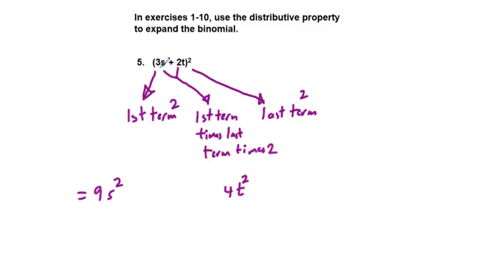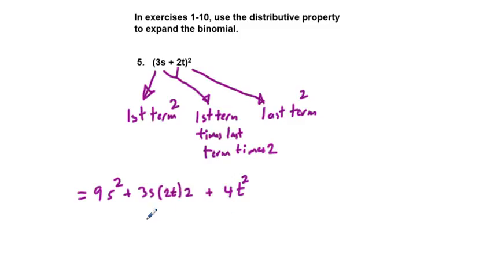And then first term times last term is 3s times 2t times 2.